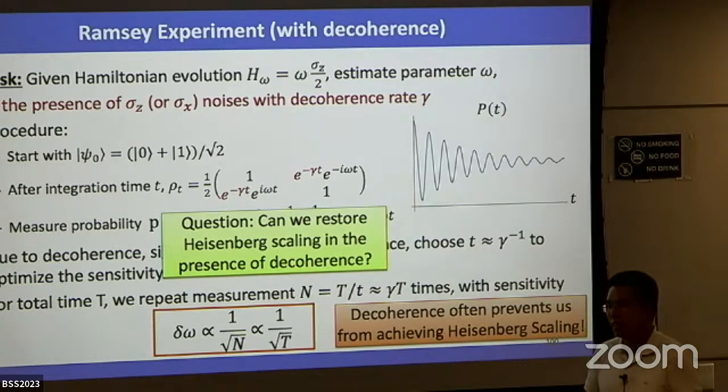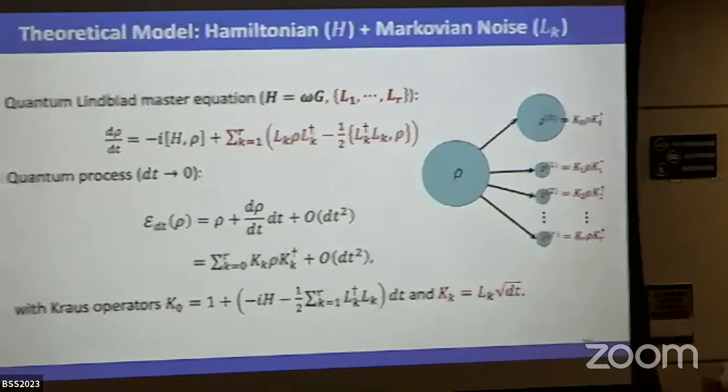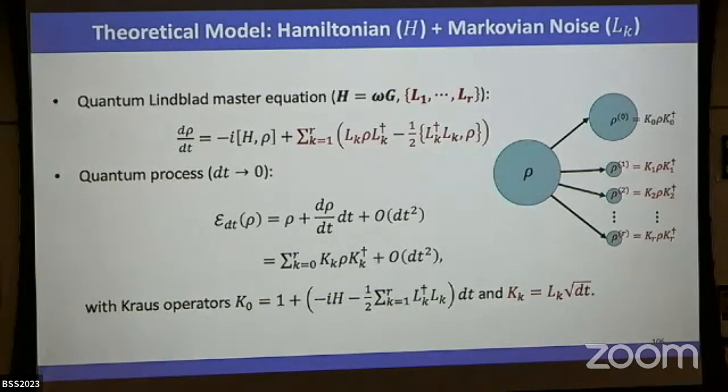Now the setting is that we can think about the most detrimental noise, white noise, described by this Lindblad master equation. You have those noise jump operators, and for small time evolution, you can think there is the ideal evolution, but there will be some noisy evolution that branches out from what you want.